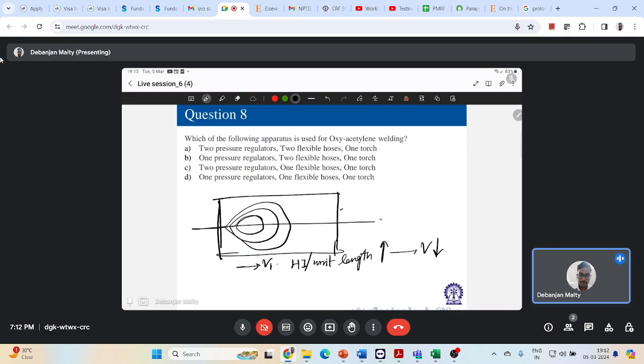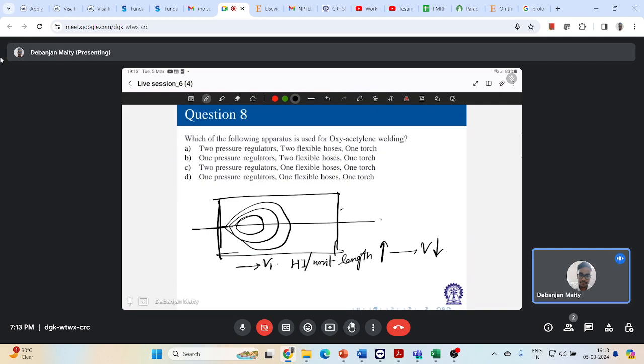So your weld width will increase, the reinforcement height also will increase, but at the same point of time, penetration decreases, right? So penetration decreases beyond a certain decrease in speed. So this will give you some large weld pool and a rough bead appearance.